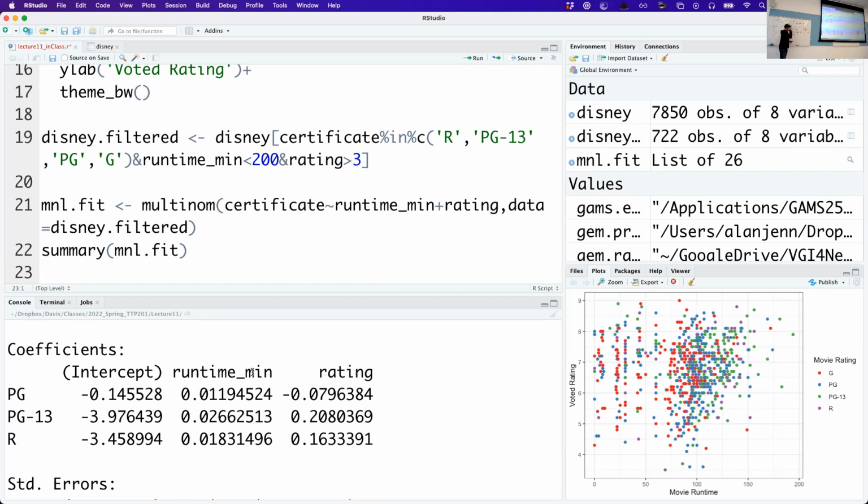But the extent to which that is happening is not something that I can just tell you by looking at these coefficients. Okay, let me stop my screen share for a second.